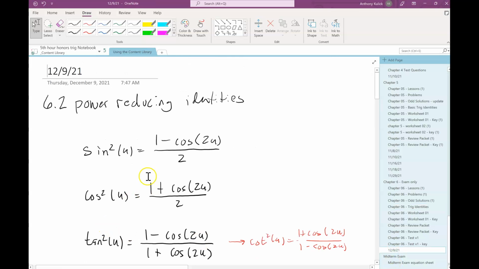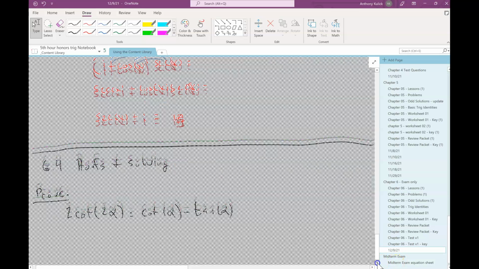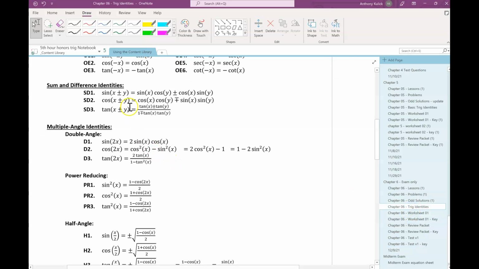So the thing that catches my eye is the 2 alpha. Everybody's good with that? Particularly since the other side just has regular alphas. So I'm going to want to use some kind of identity that can get rid of that 2 alpha and replace it with just regular alphas.